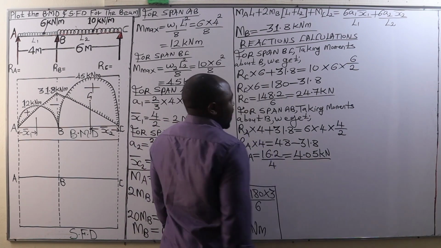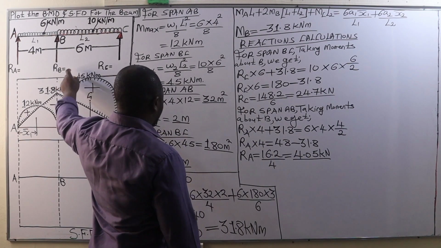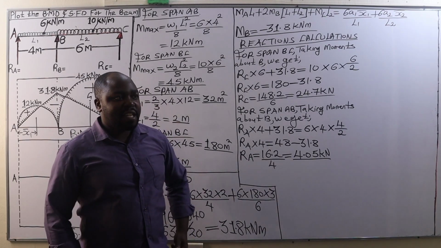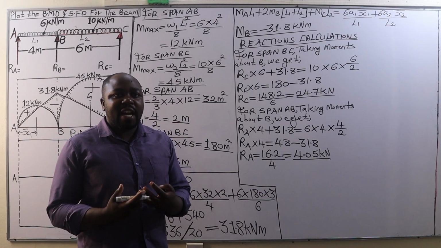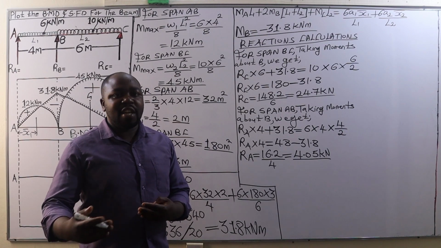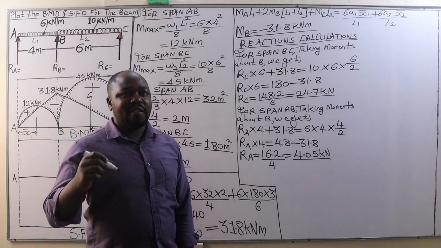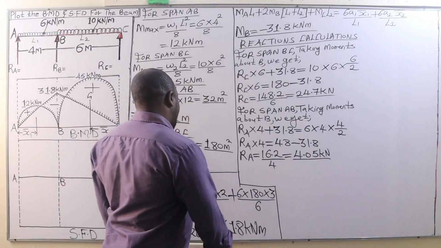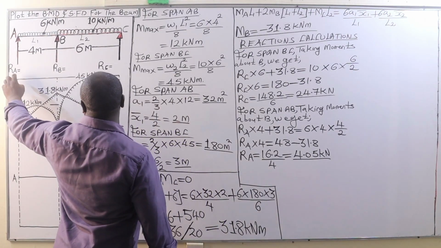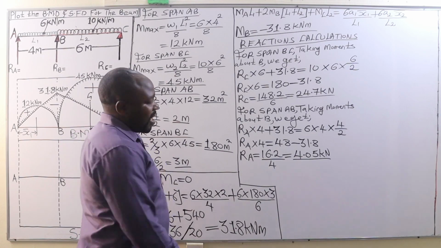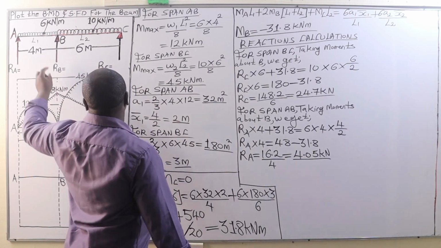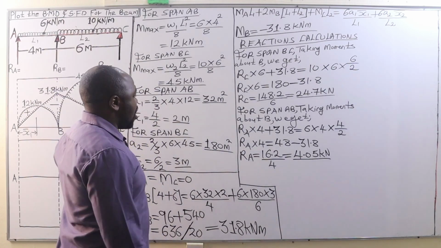Then we are remaining with the reaction at B, and in this case we are going to say that the sum of all the upward acting forces must be equal to the sum of all the downward acting forces. The upward acting forces are these three reactions. Downward acting forces are these uniformly distributed loads.